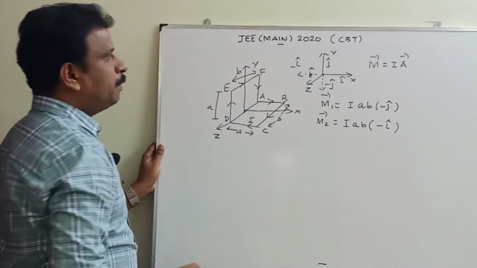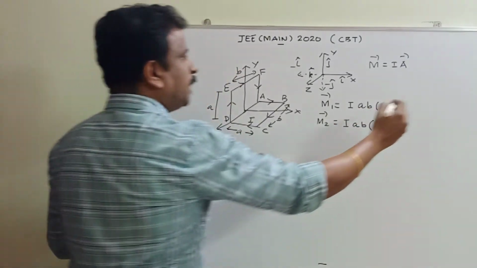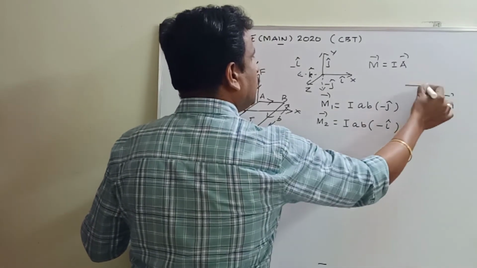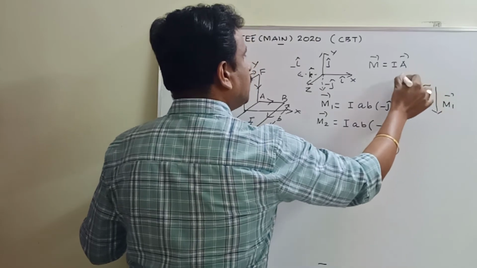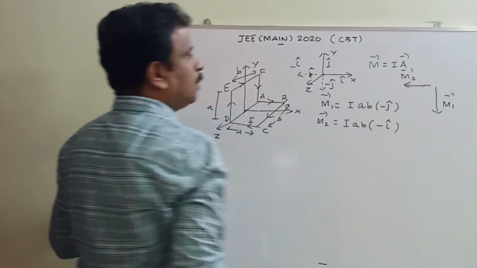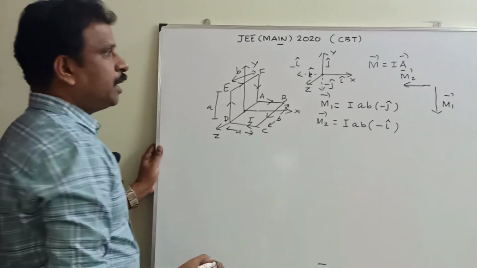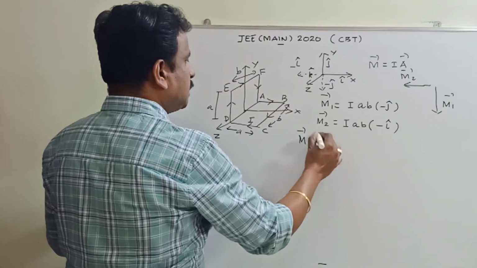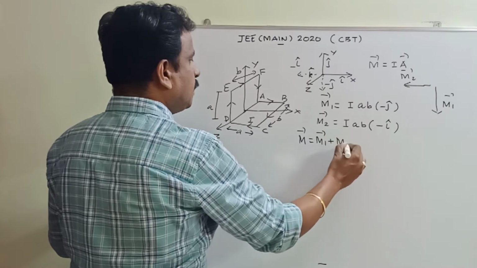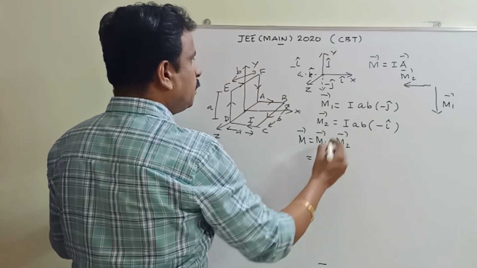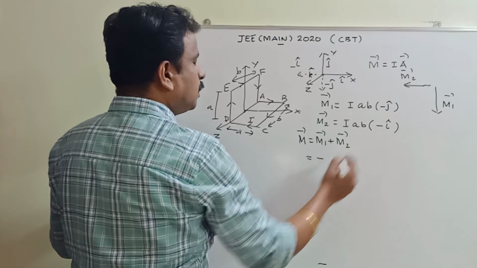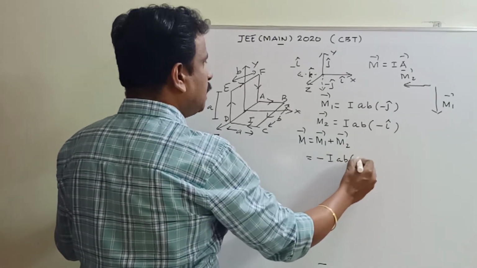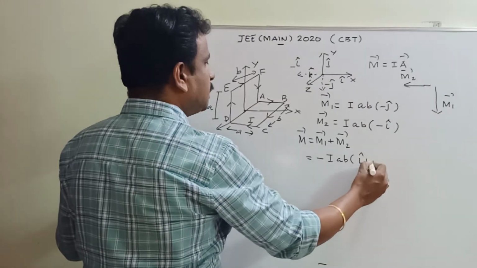So the total moment vector we have to find out. One moment vector is in this direction, and the other moment vector, M2, is in this direction. By the law of triangle you can find the resultant vector. M vector is just adding the two magnetic moments, M1 vector plus M2 vector, which will be, with minus in both terms, minus I A B into i cap plus j cap.